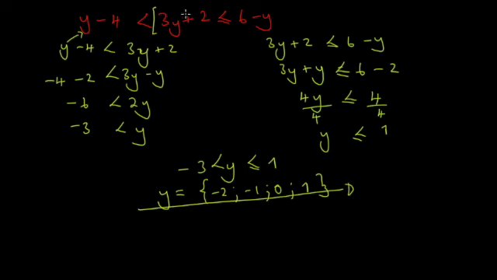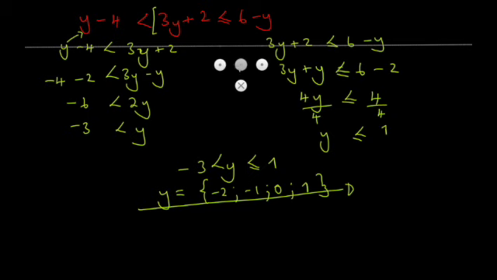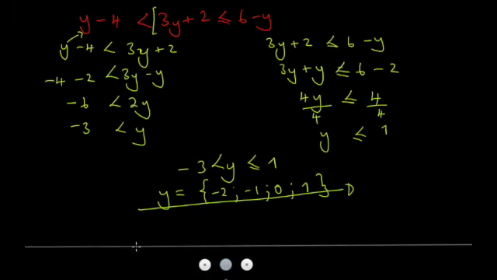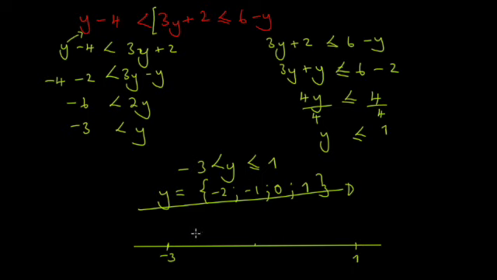If you are to show this on a number line, this is how you do it. You'd have, let's say, minus 3 here, and then you'd have 1 here.